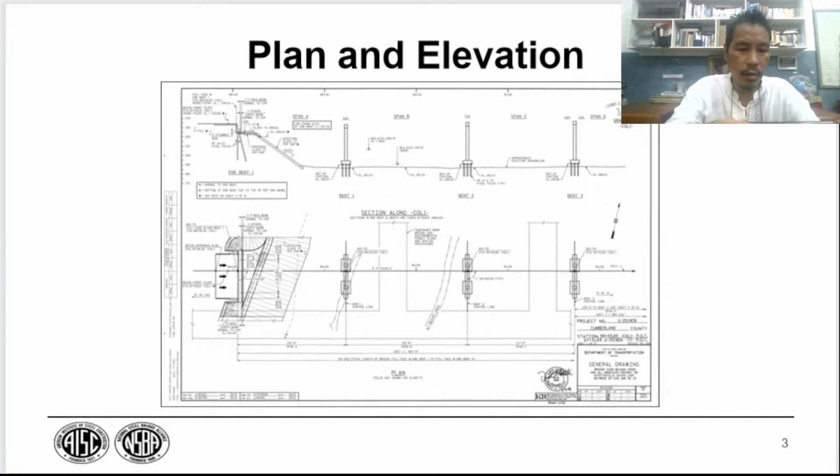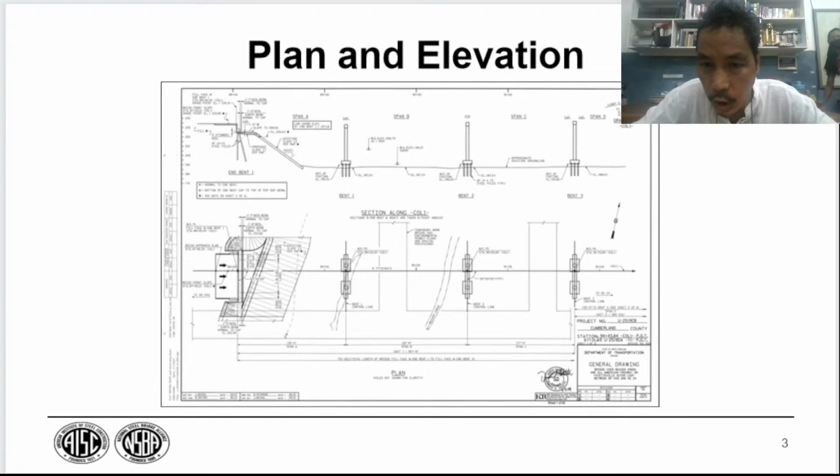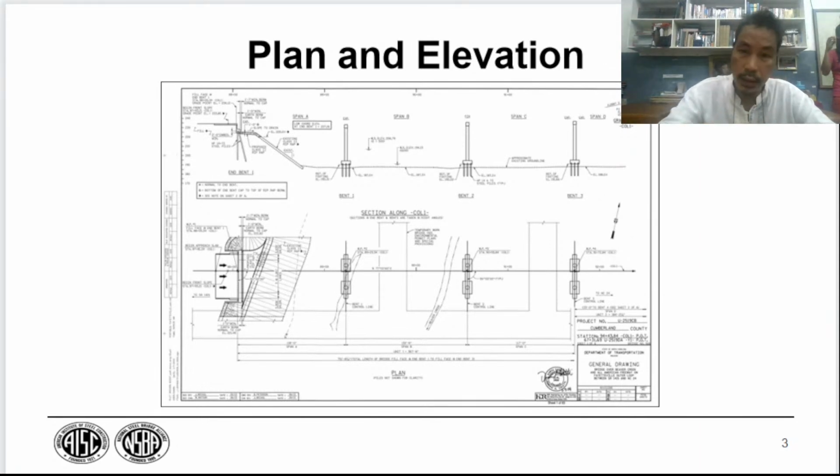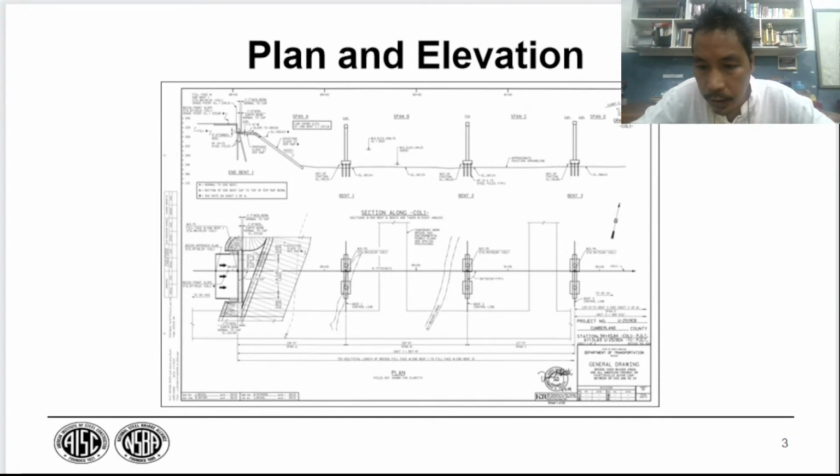So the video reception is okay, but the plan is so small. It is so small, we cannot actually understand anything out of this. So how can we make it bigger?